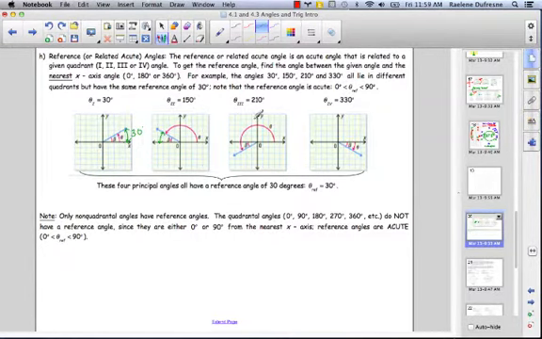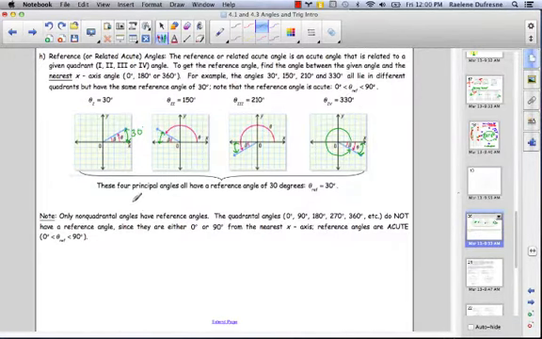An angle of 210 degrees is 30 degrees away from the nearest x-axis, and an angle of 330 degrees is 30 degrees away from the nearest x-axis. So we always measure reference or related acute angles from the nearest x-axis to the terminal arm. So these are 4 principal angles in different quadrants: 30 degrees, 150 degrees, 210 degrees, and 330 degrees.